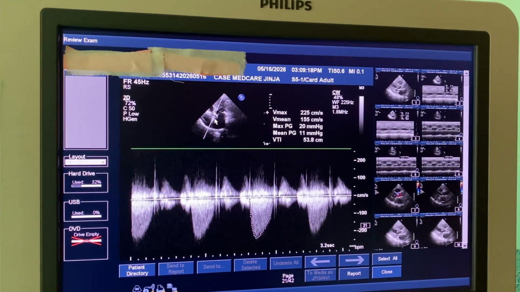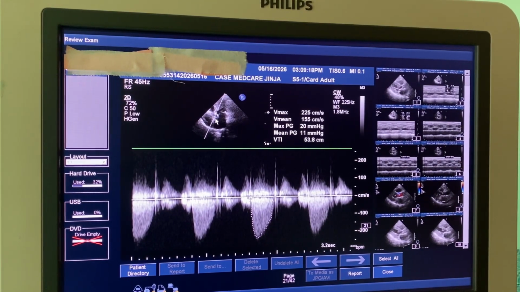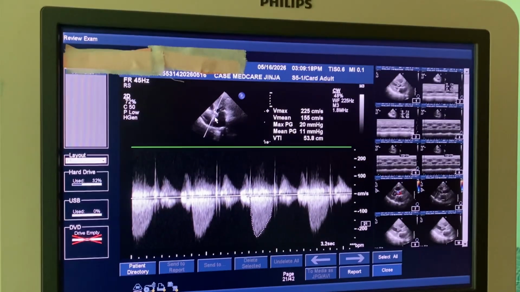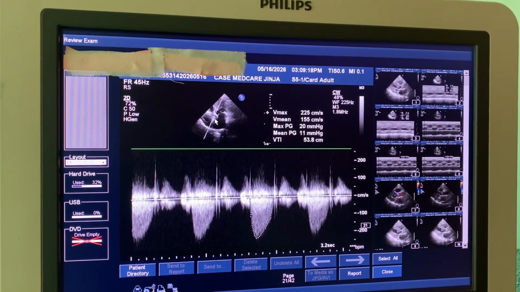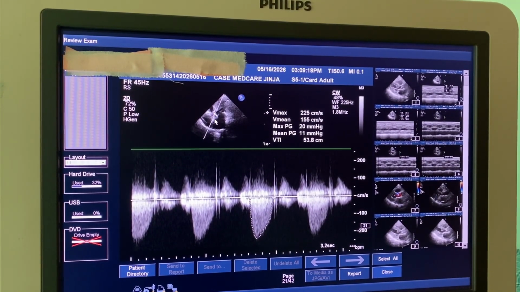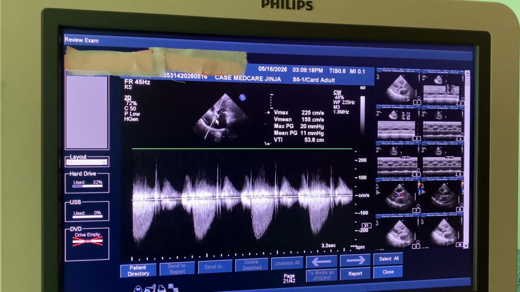Normal aortic valve area is between 3 and 4 centimeters squared. That is the normal valve area of the aortic valve.